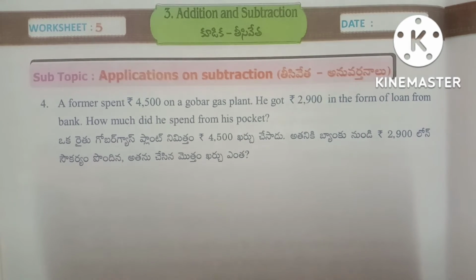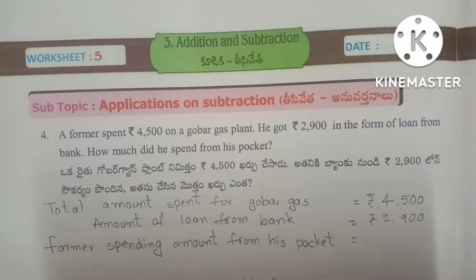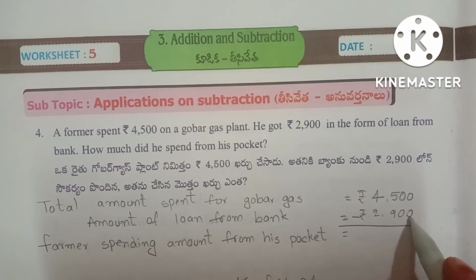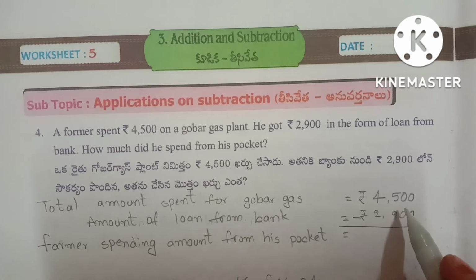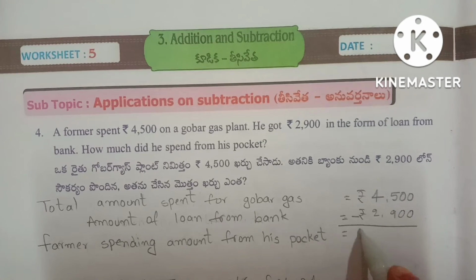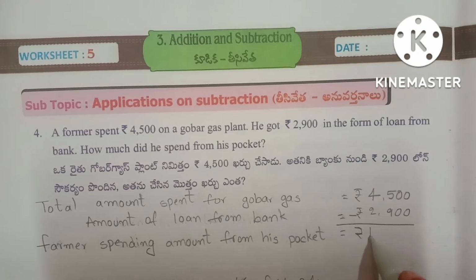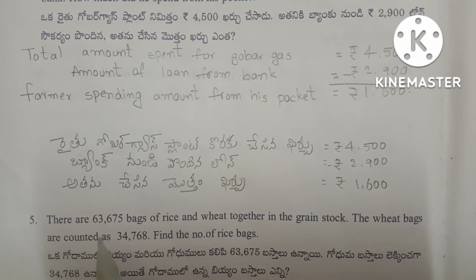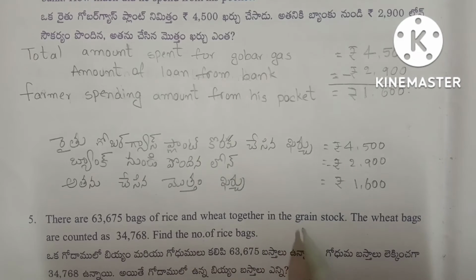So farmer's spending amount from his pocket, here we have to subtract 2,900 from 4,500. Then we get 1,600 rupees.